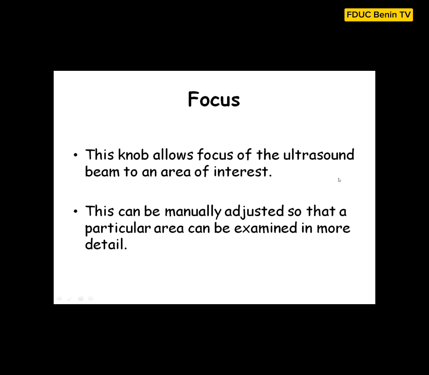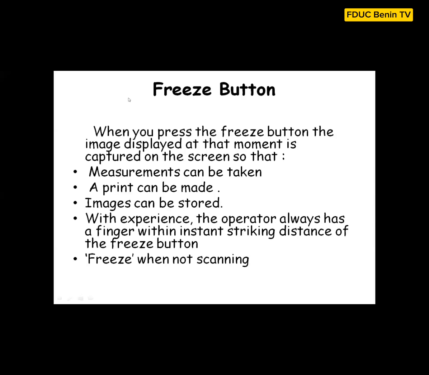Then at the area of interest, where you really want to study, you leave it there, and that area you're able to see more. So this knob, just as the English word says, helps you focus on an area, so you can focus the ultrasound beam to that area of your interest. The whole of all this is to ensure that you get an optimal image, or you achieve image optimization.